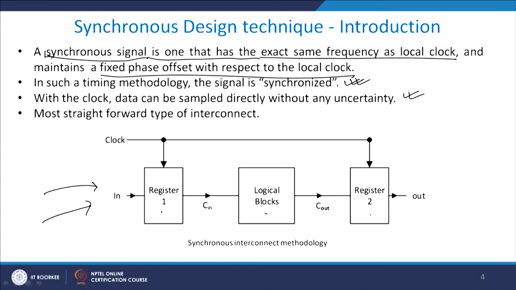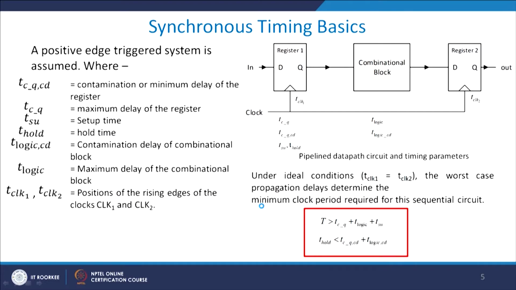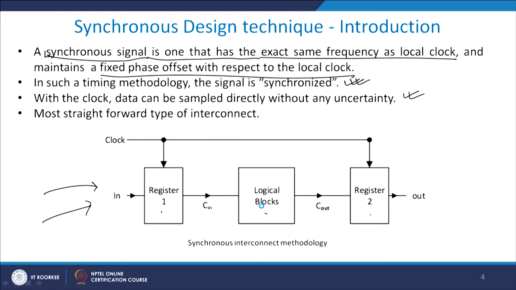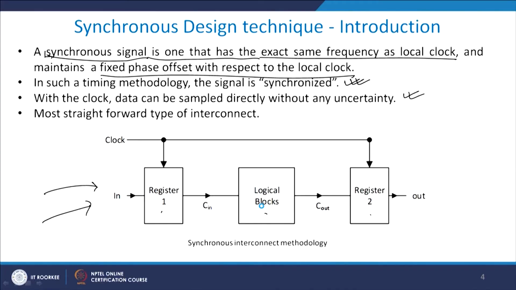In most of the cases which we will be studying in sequential logic design, you will have two registers, one input register and one output register, and there will be some logical block in between. It might be a combinational logical block, for example an AND gate or whatever. We can also have a simple register built within this logical block, and you have a clock.